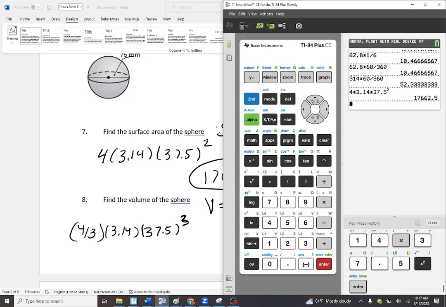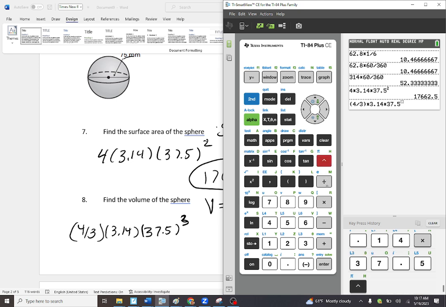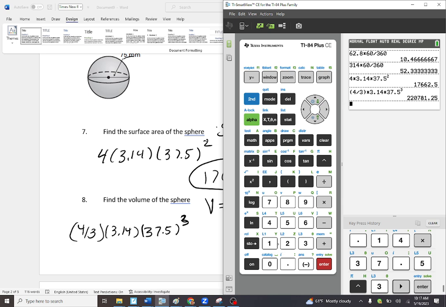Oh, good question. So let me just do the first part. 4 divided by 3 times 3.14 times 37.5. If I want to do the third power, over the division symbol is the caret. So I click that, and then I put the number 3. I could put any power, but I just put 3. It's going to be huge.